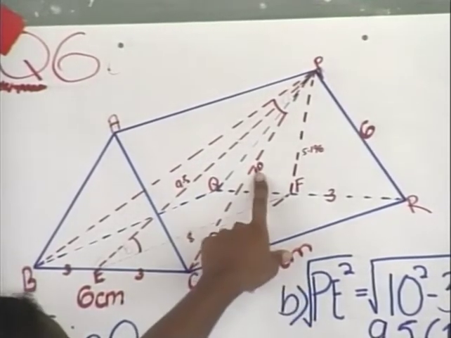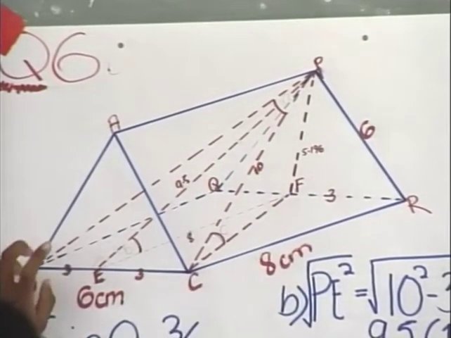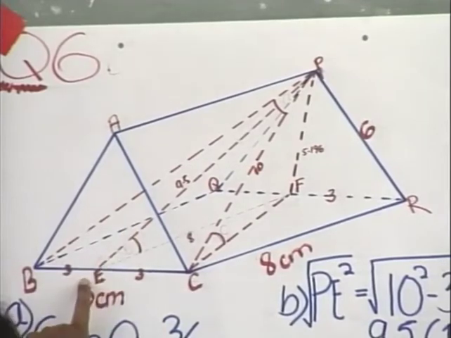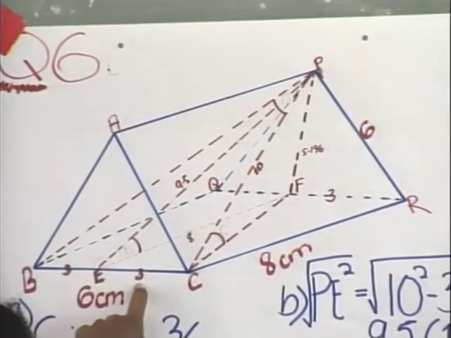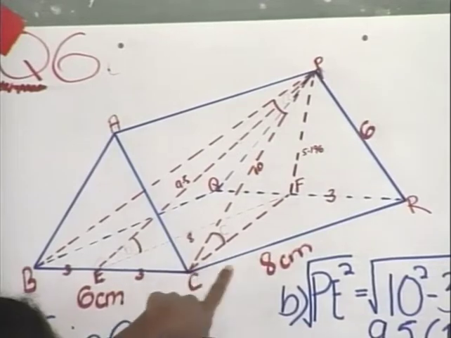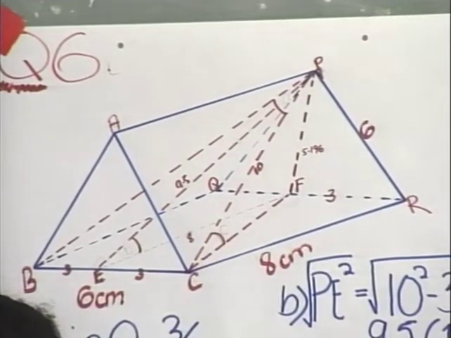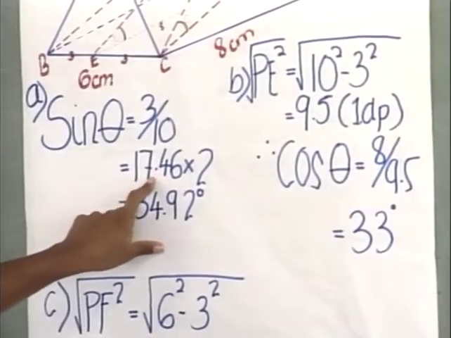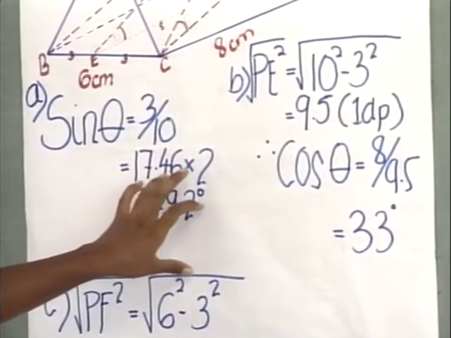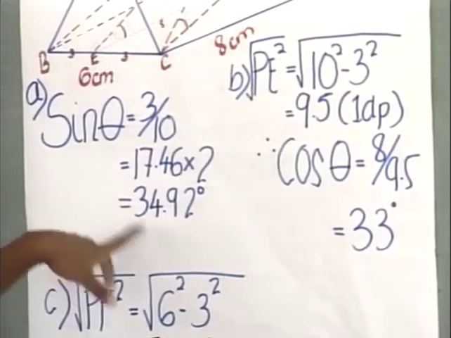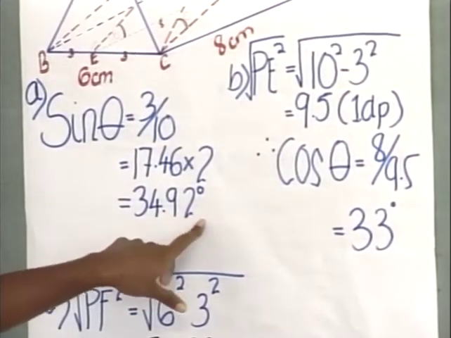The square root of 100 is 10. And this bisects this in half, so it's 3. So use the sine ratio, opposite over the hypotenuse, which is 3 divided by 10, equals 17.46, times 2, which would give 34.92 degrees.